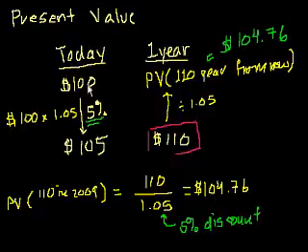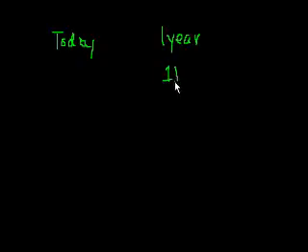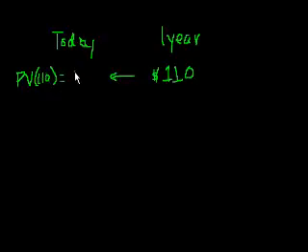So if this comparison were, let me just scroll down. So let's say that today and 1 year. So we figured out that $110 a year from now, its present value is equal to $104.76.